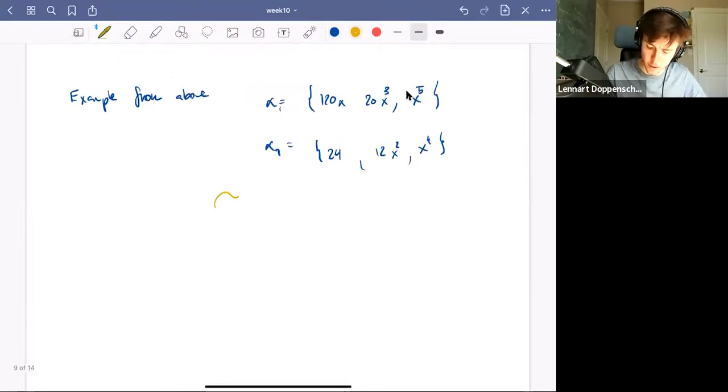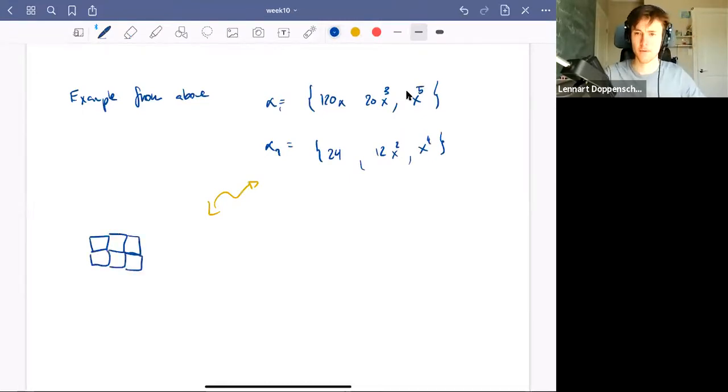These would correspond to the tableau, which is just 3x2 boxes. So this is not really interesting, but just to give you a feel for how we go from cycles to just this notation where we abstract away.